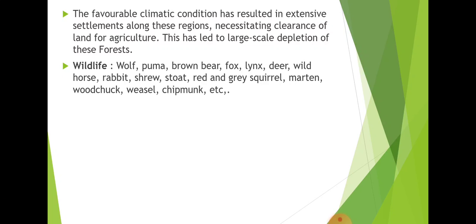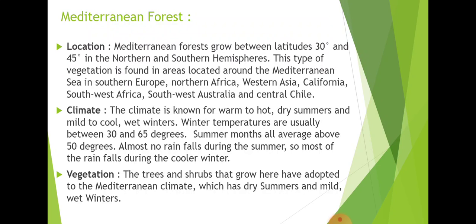Now moving toward the next topic, that is the Mediterranean forest. The location of this forest is between latitudes 30 to 45 degrees in the northern and southern hemispheres. So the Mediterranean forest is also found near the areas where the Mediterranean Sea appears: southern Europe, northern Africa, western Asia, California, southwest Africa, southwest Australia, and central Chile.